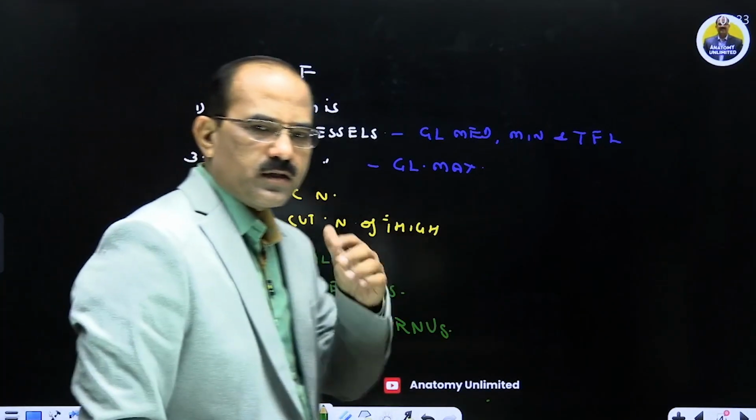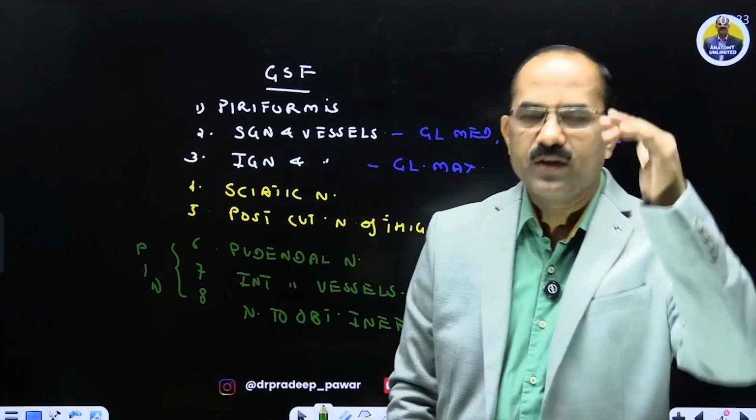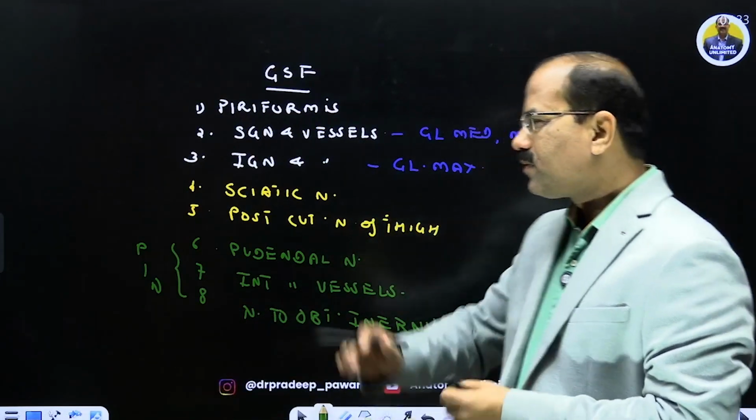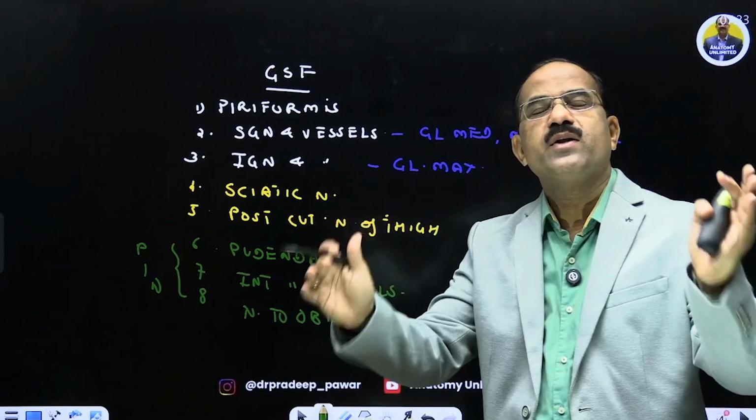So these are the structures which come out through the greater sciatic foramen.